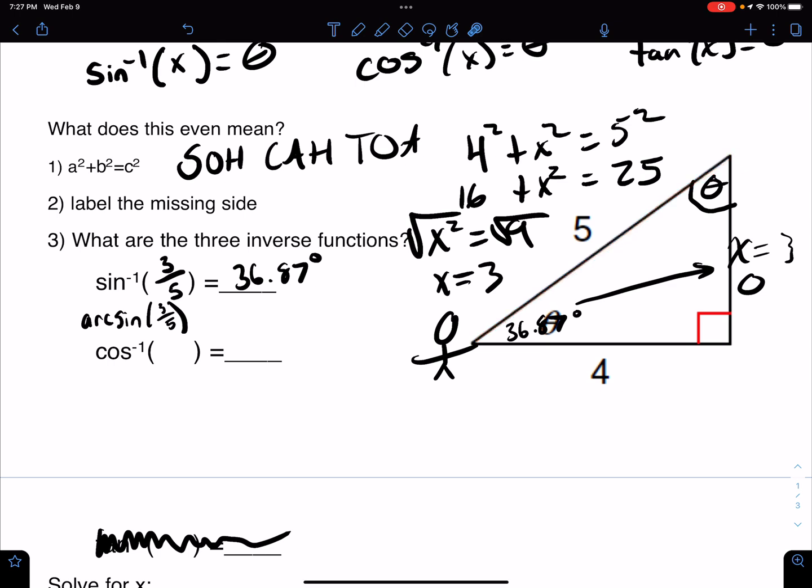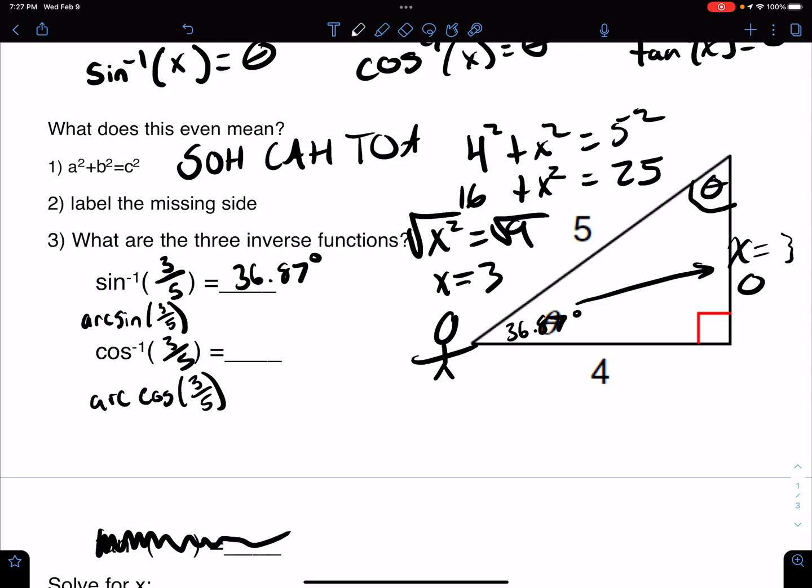So I have A and H on this one. Okay? So 3 over 5, right? So I'll say the arc cosine of 3 over 5. Let's see what that's equal to. Type it into your calculator.